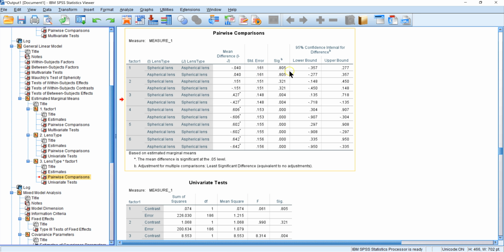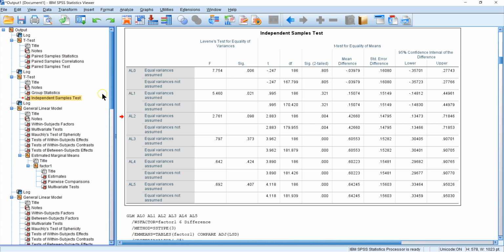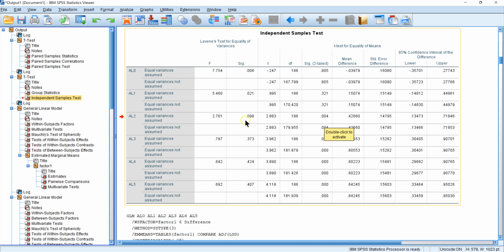So let's look at significance. 0.805, 0.321, 0.004. So the t-tests, p-values 0.805, 0.321, 0.004.